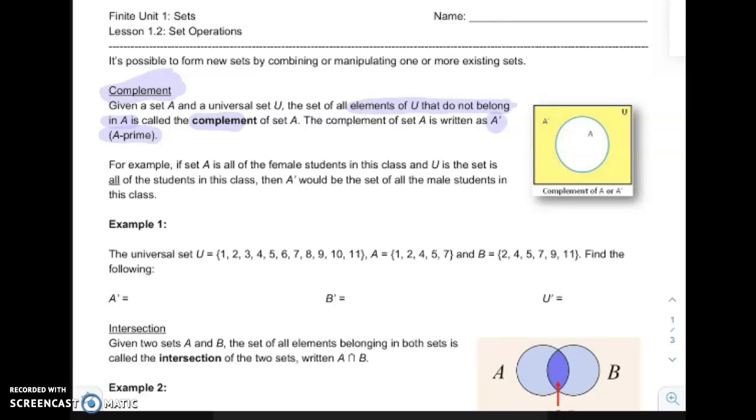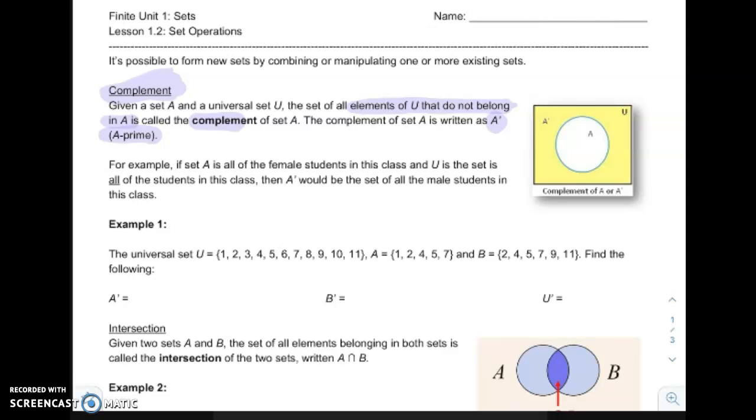There's a little picture off to the side for you to look at where you've got a yellow box. The whole square is U, so that's the universal set. Then you've got a set A inside, that's the circle A. If I ask for what's in set A, that's anything that's inside the circle.